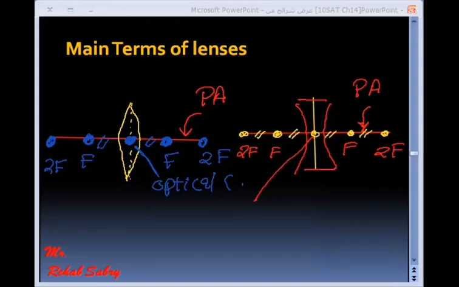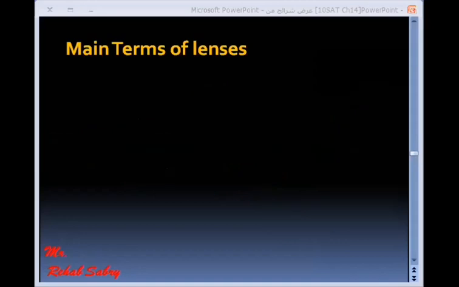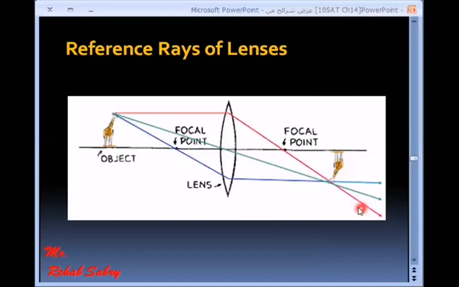At this point is the optical center. Well, the reference rays of the lens.